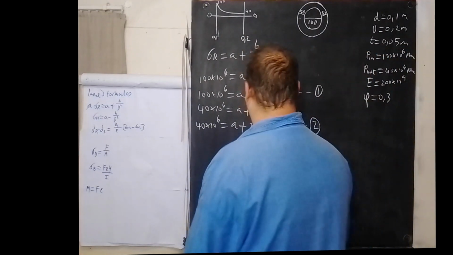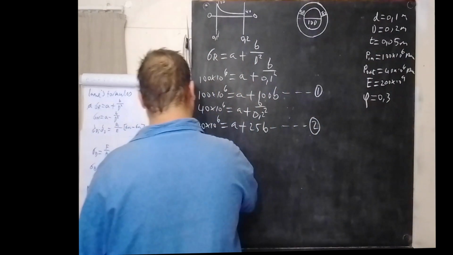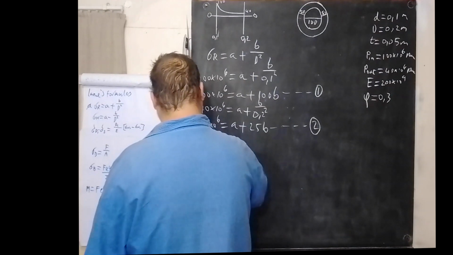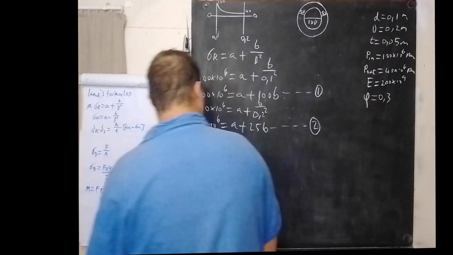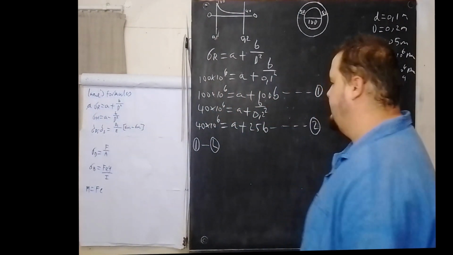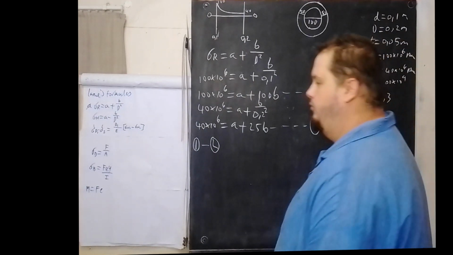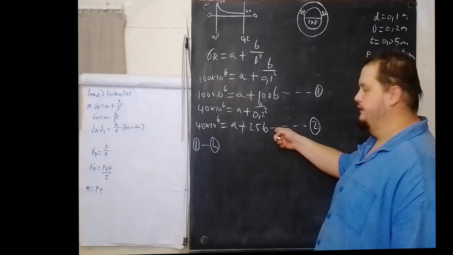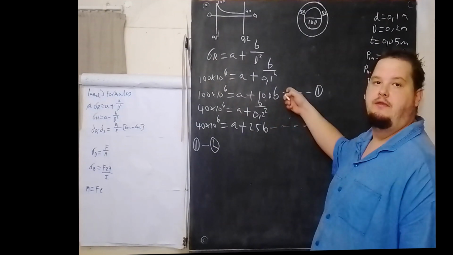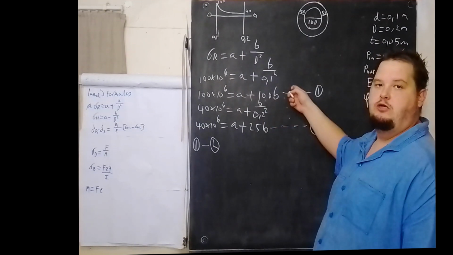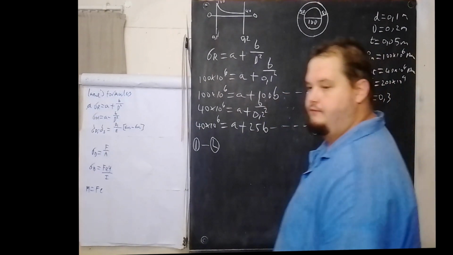Now to get a final answer, we say equation 1 minus equation 2. You will remember doing this type of thing in simultaneous equations in mathematics.